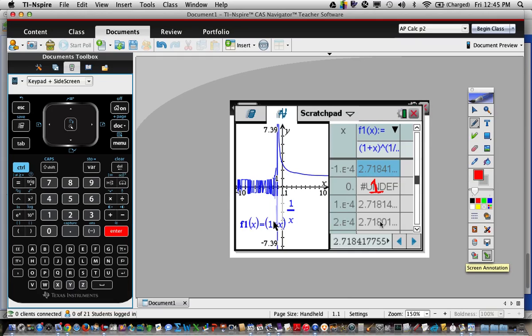What do you put for your limit answer? What if there was a 1 right there on this row and we're doing x approaches 0? What's the limit? We have an answer of 1.